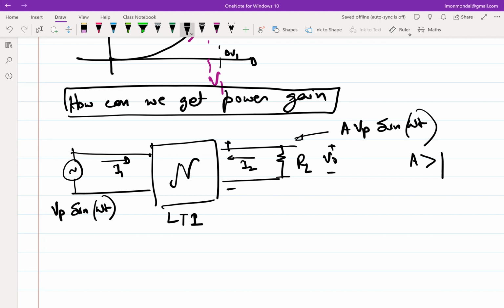So whatever comes out can at max be equal, not higher. And if you have some dissipative element inside N, it will be lower because the stuff inside the box will consume power, right? Power is conserved, so output power cannot be more than the input power if there is no other source. So that means that we need a power source, right?